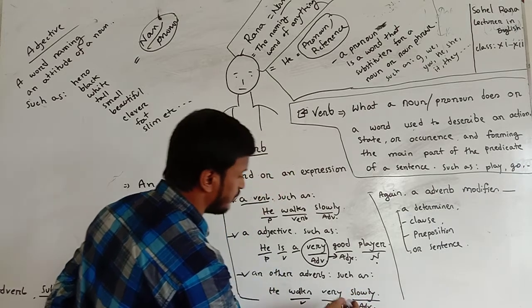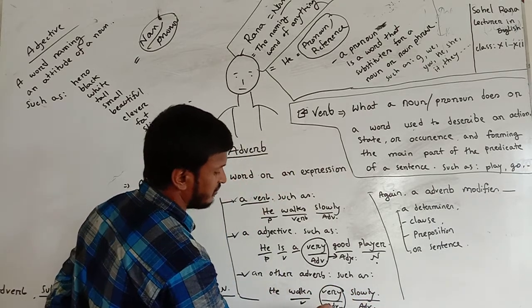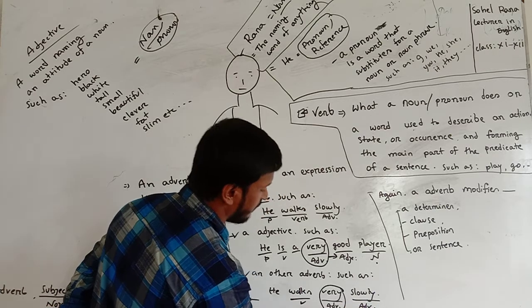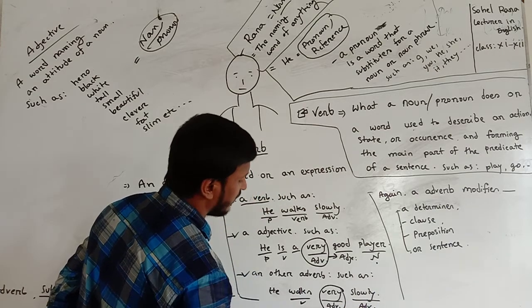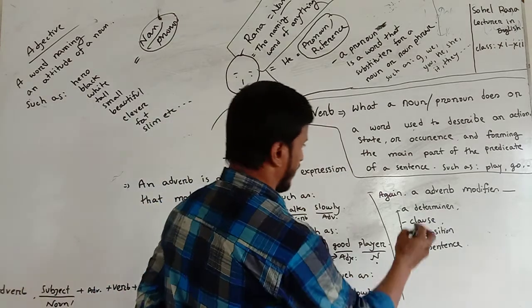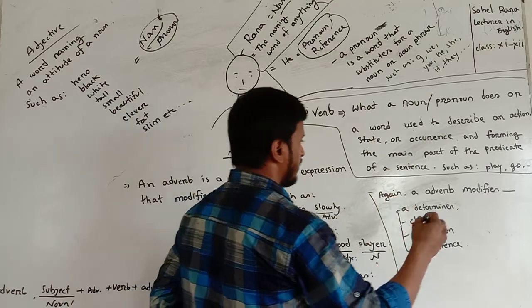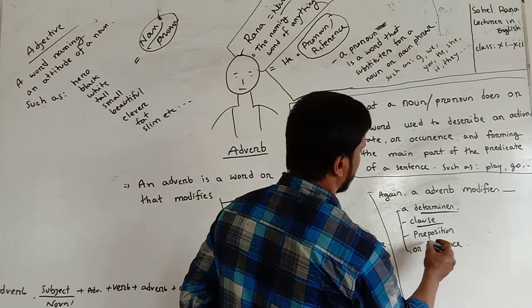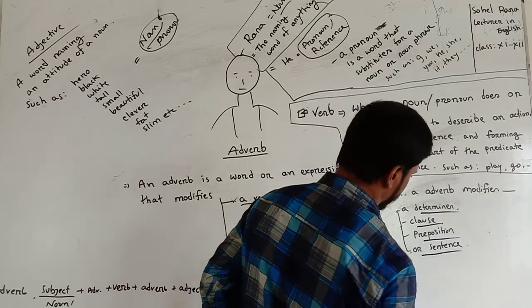Slowly, and how slowly? Very slowly. That's why it modifies the adverb, and it is also called an adverb. Again, an adverb also modifies a determiner, a clause, a preposition, or a sentence.